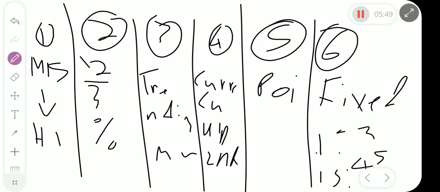And then when it comes to entries, we're going to enter when the market comes to our POI, and then when it comes to targets, we have a fixed target. We're going to risk 15 pips in order to gain 45 pips. Okay, that's our trading plan.